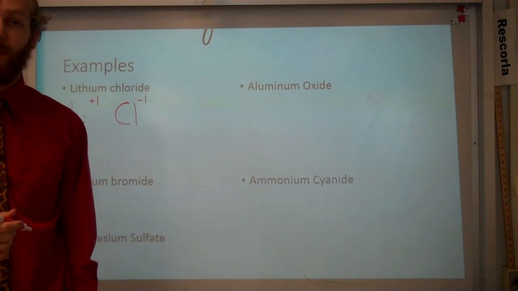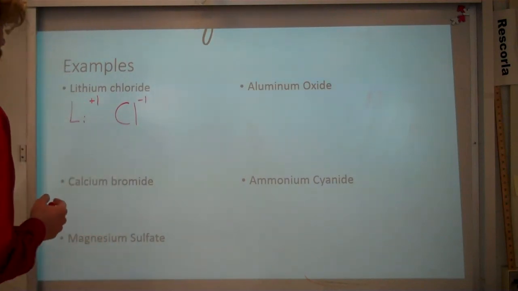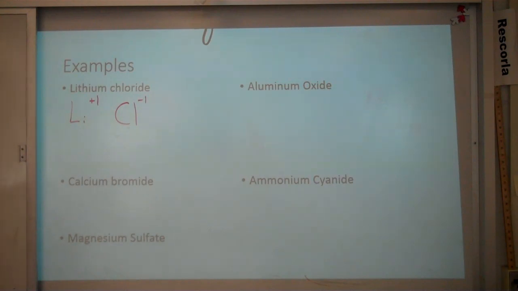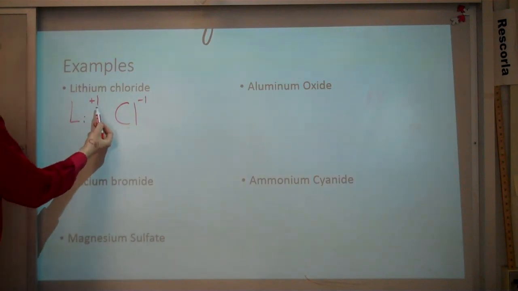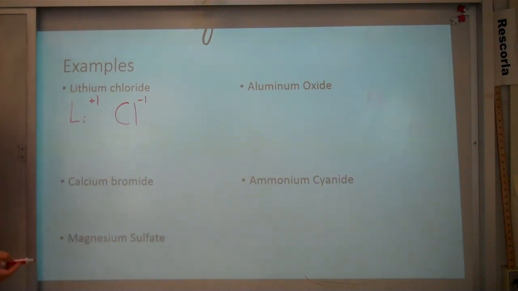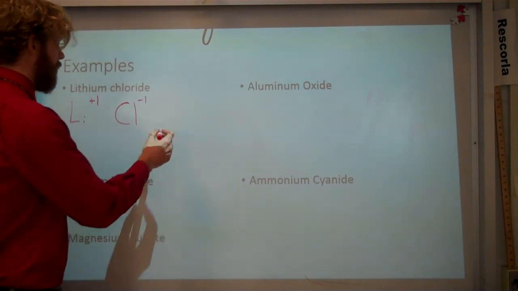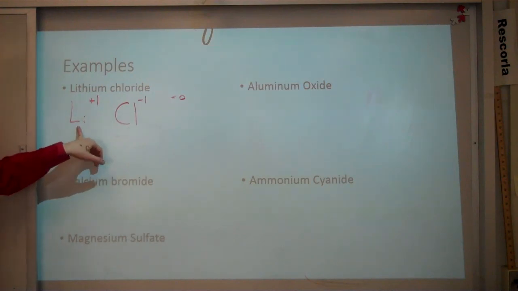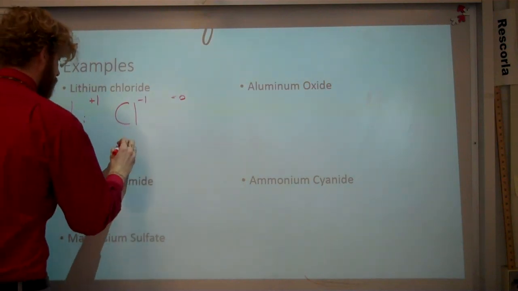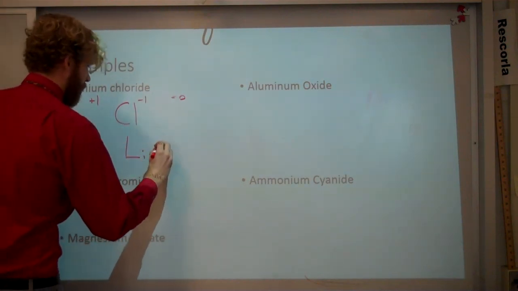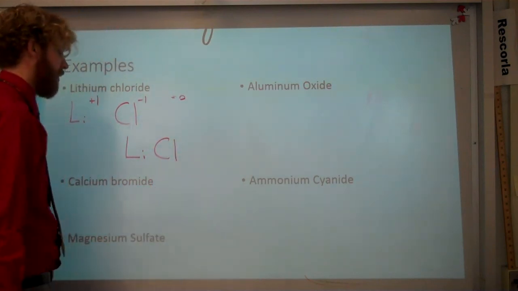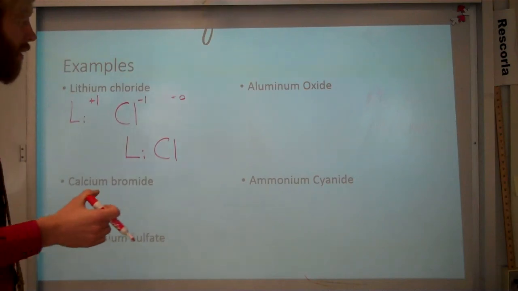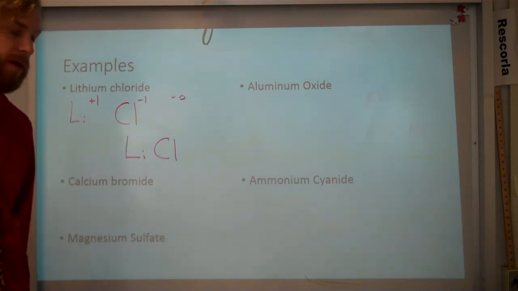Remember, we got these charges from the periodic table. Now, we need these 2 charges to equal out. So this first time, it's very simple. We have +1 and -1. When we add those 2 together, it equals 0. So that means we have 1 lithium and 1 chloride. So our answer is LiCl.